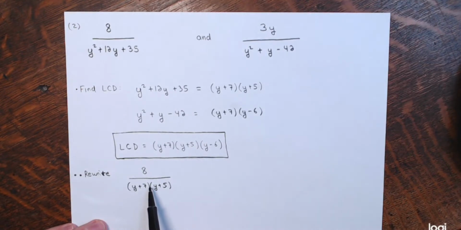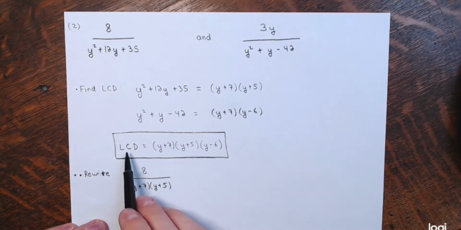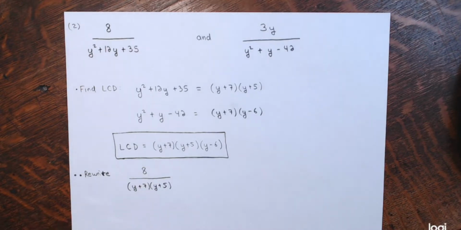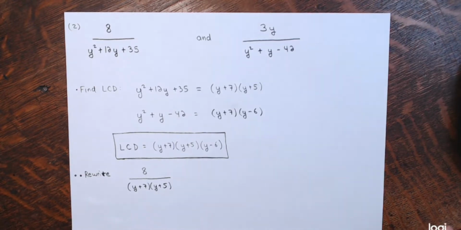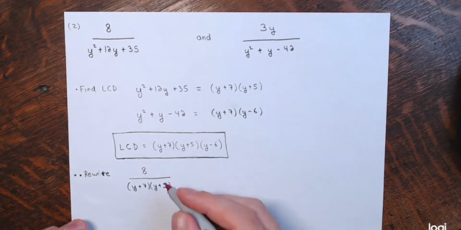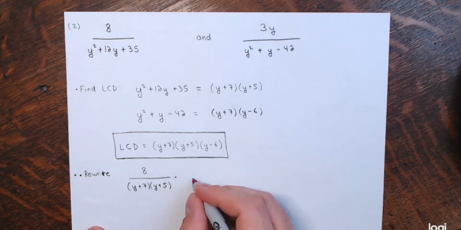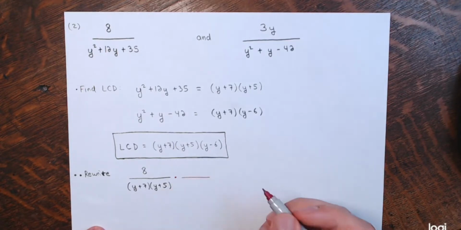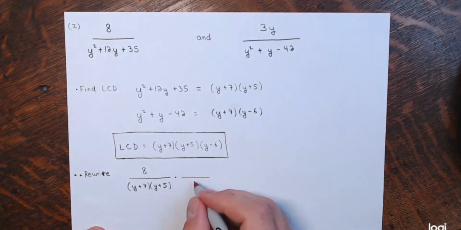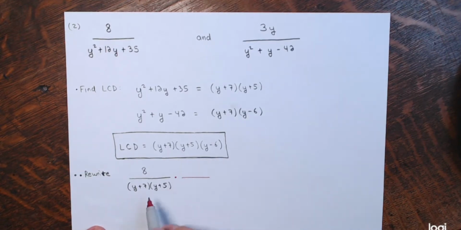Now, I would like it to have a denominator of the LCD. So I need to multiply the denominator and the numerator by some expression so that the denominator becomes the LCD. So I'm going to multiply this fraction by 1, but a clever one, some expression where the numerator and denominator are the same. Look at the denominator.